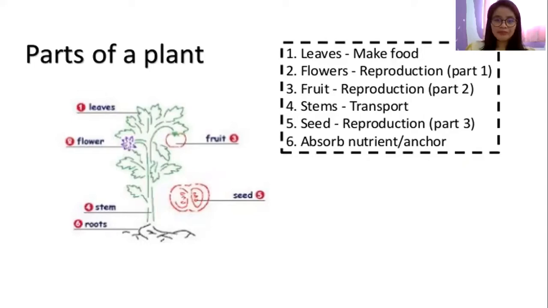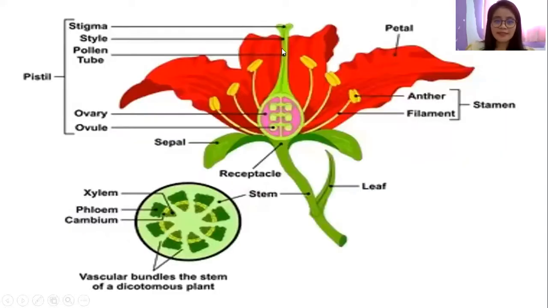And then we have this. These are the specific names of the parts of the flower. Why? Because I just want to show that the stem is where xylem and phloem are located. That is our topic.